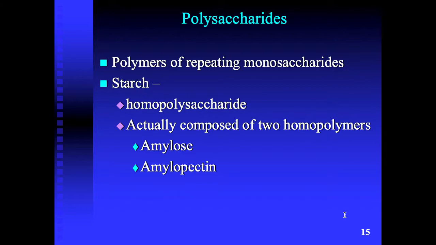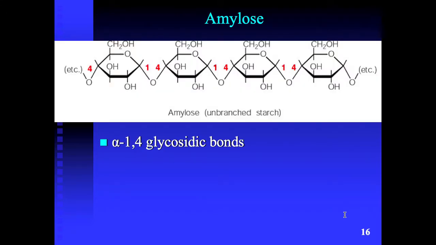Have you heard those terms? One of them we say is the linear form, and the other one we say is the branched form. And glycosidic bonds and differences are why those structures are what they are. So here's amylose. You can think of amylose as the linear type of starch. It's all glucose, but look at the differences in the bonds.